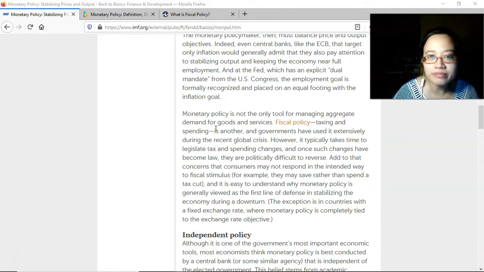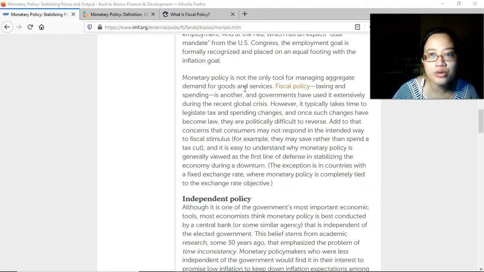Okay. Monetary policy is not the only tool for managing aggregate demand for goods and services. There is the fiscal policy, which is about the taxing, imposition of taxes, tax laws, and spending of the government. Okay, governments have used it extensively during the recent global crisis. However, it typically takes time to legislate tax and spending changes.